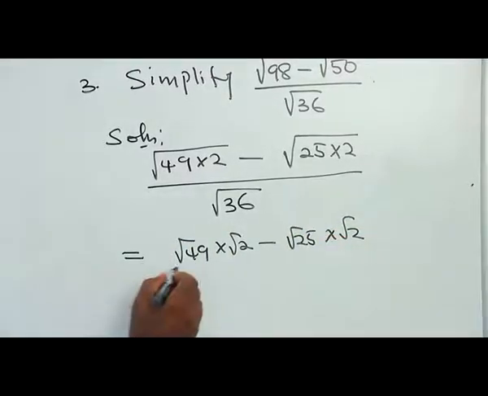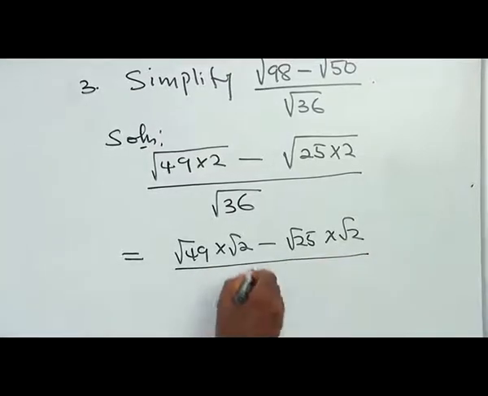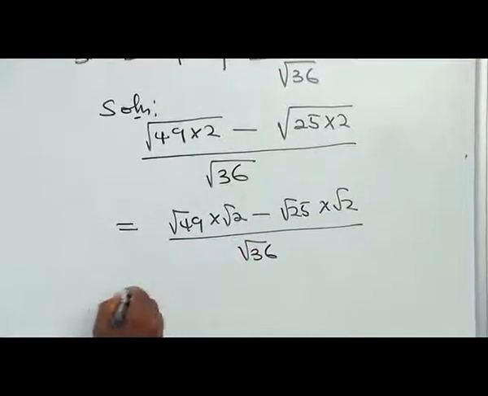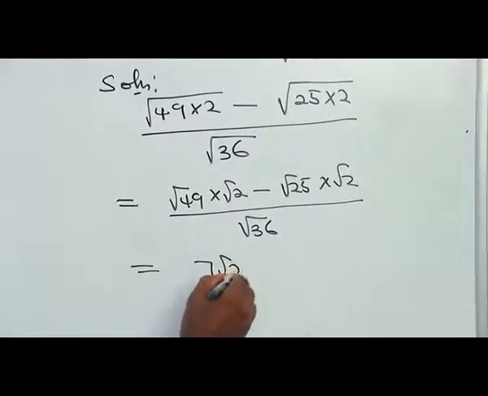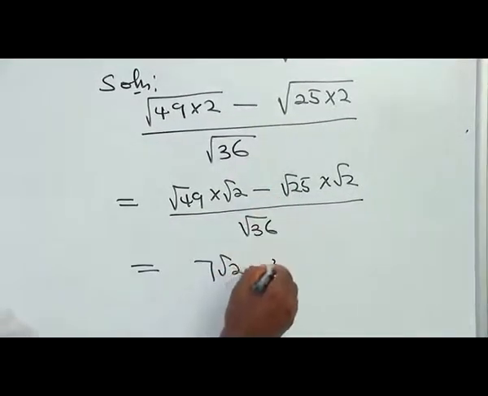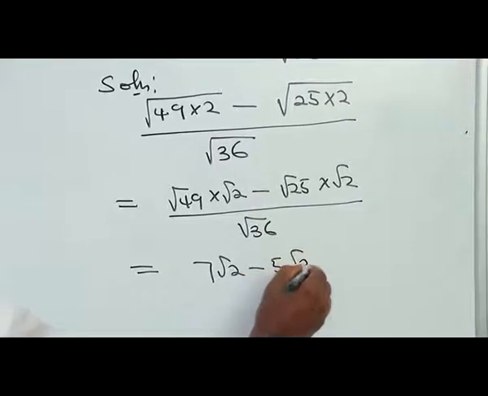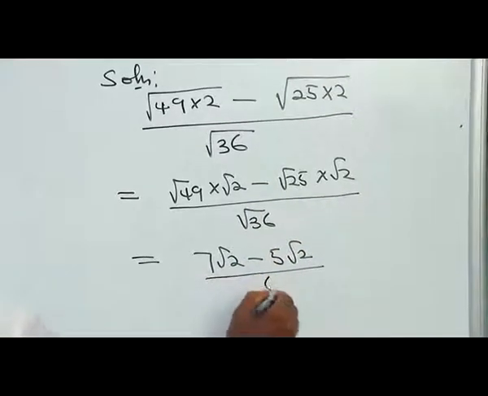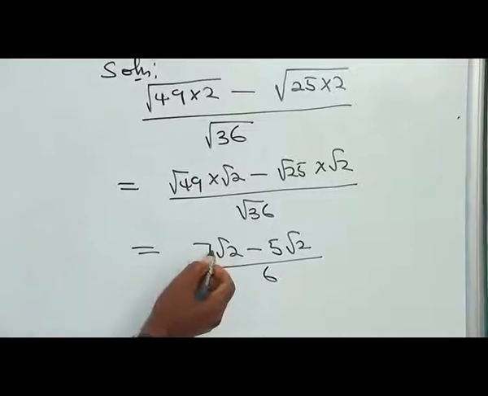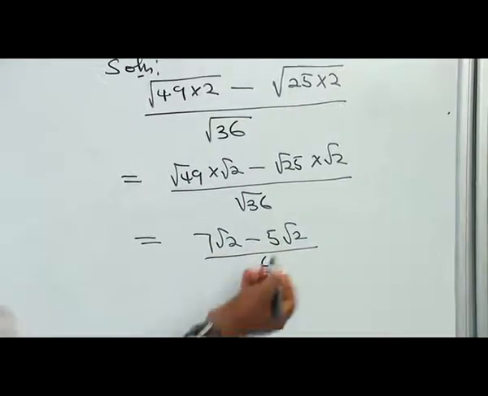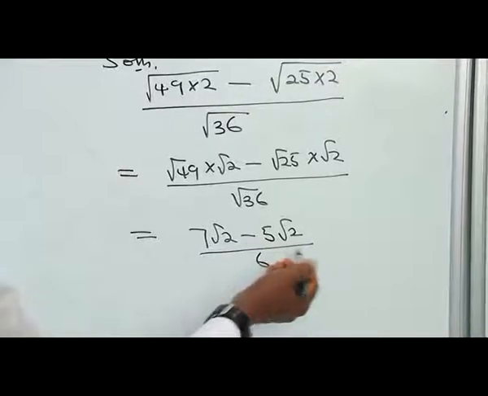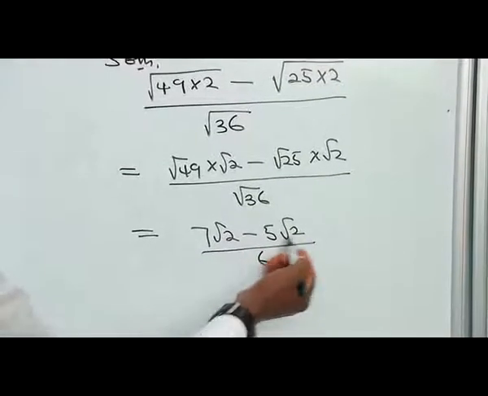Applying the rules of surds, everything here all over root 36. So we can break it down. Root 49 is 7 times root 2. Root 25 is 5 times root 2. And everything here all over 6. 7 root 2 and 5 root 2, they are like terms because they have the same root 2.